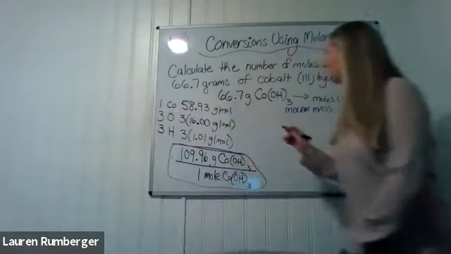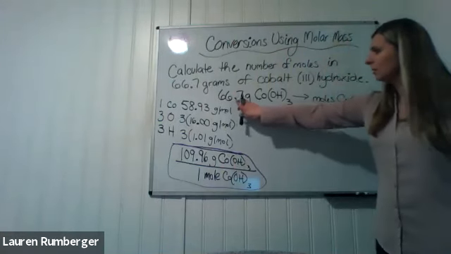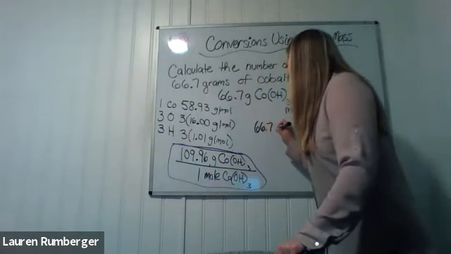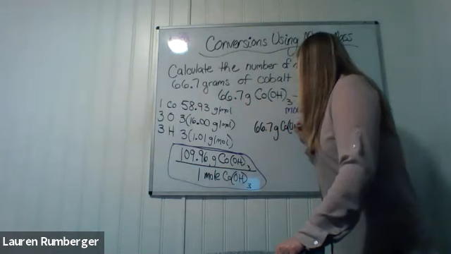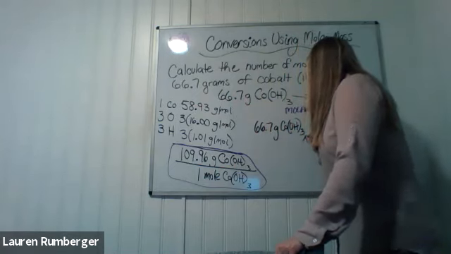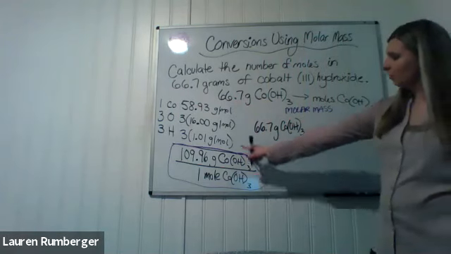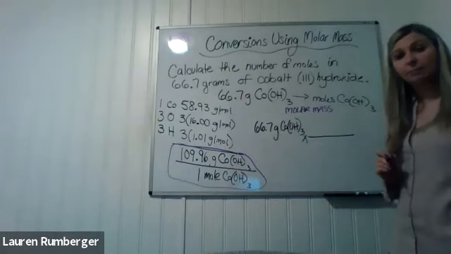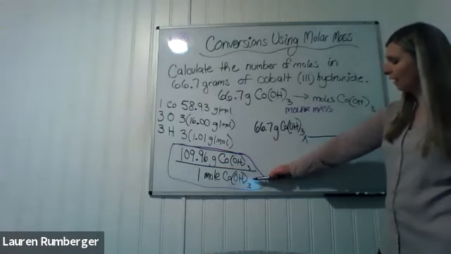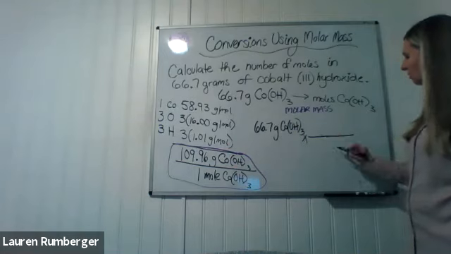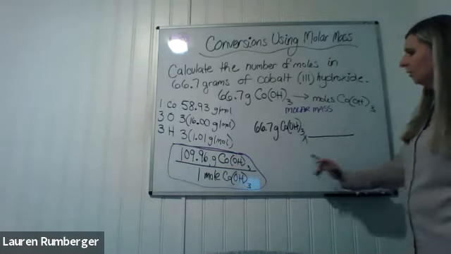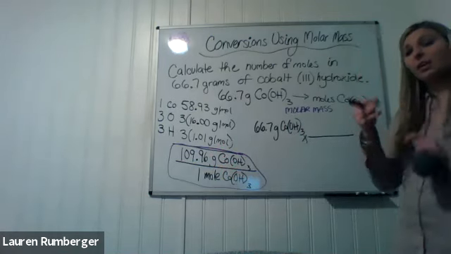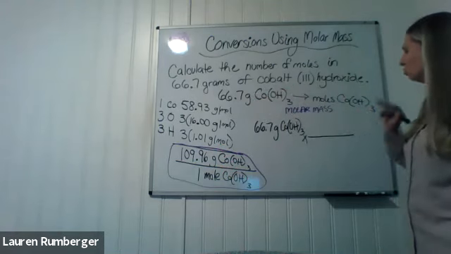So let's look at what we're starting with. We are starting with 66.7 grams of cobalt-3 hydroxide. Now, looking at our conversion factor here, can we use it as is or do we need to flip it? So if we have moles on the bottom here, and our goal is to cancel grams on the bottom, then this fraction, conversion factor, must be flipped in order for us to convert grams to moles.